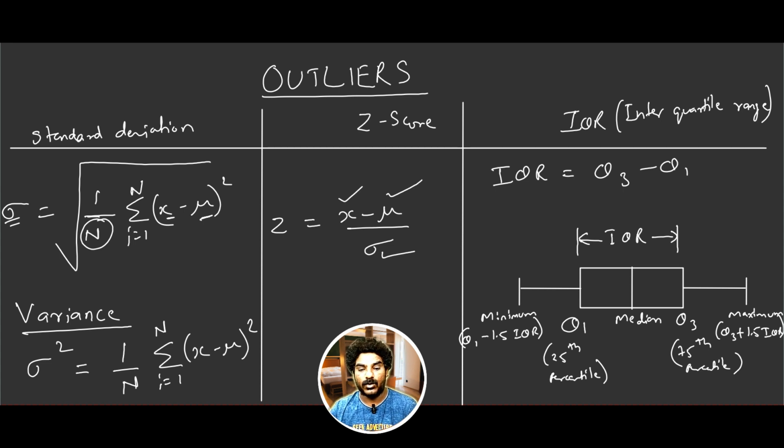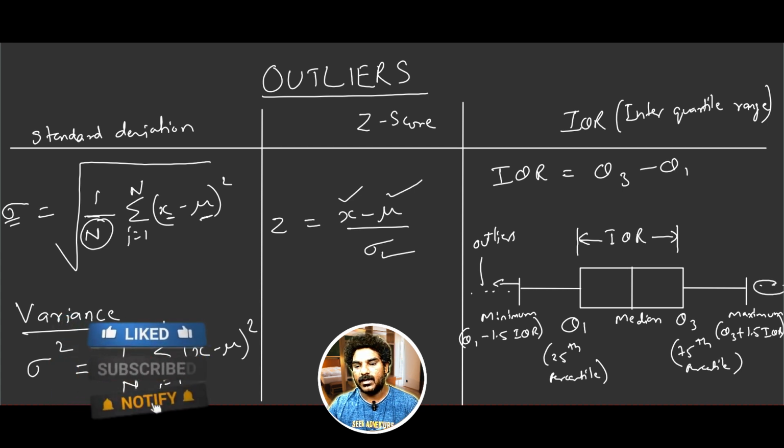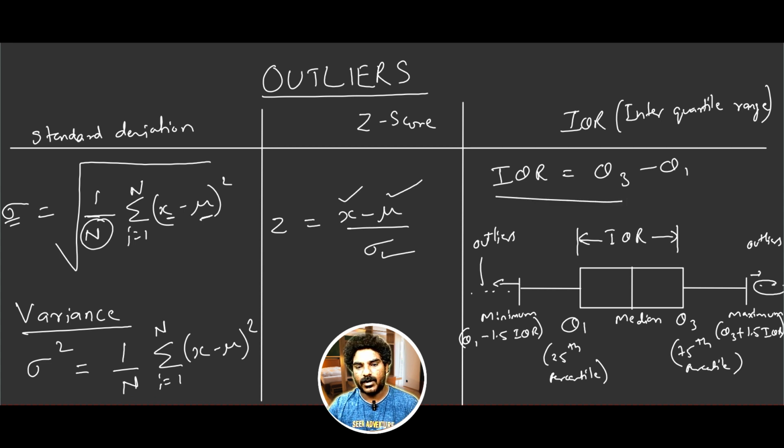From Q1, on the negative side, you subtract 1.5 times the IQR, and on the positive side you say Q3 plus 1.5 times the IQR. And if some data points are lying here, the data points which are lying below this line are outliers, and the data points which are lying above this one, these are outliers. So this is the formula for IQR, interquartile range, Q3 minus Q1.